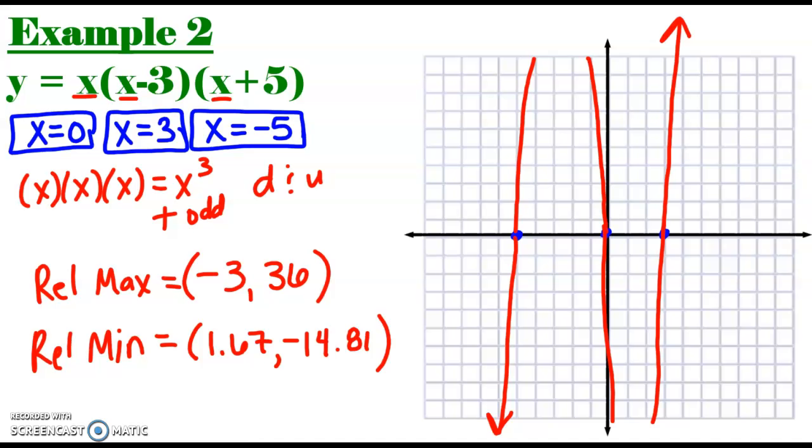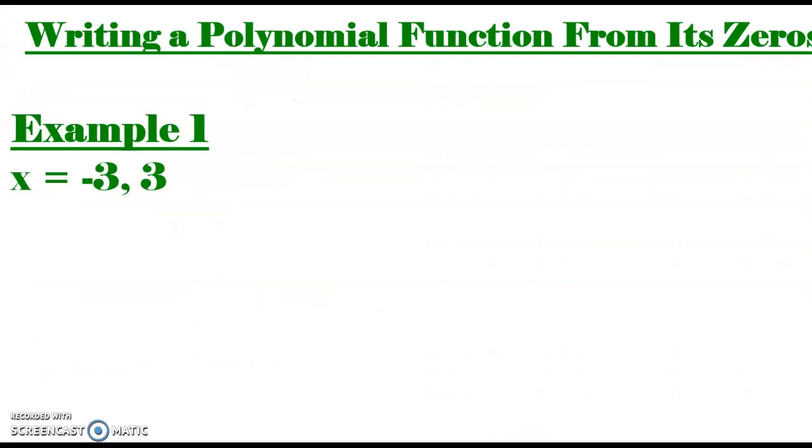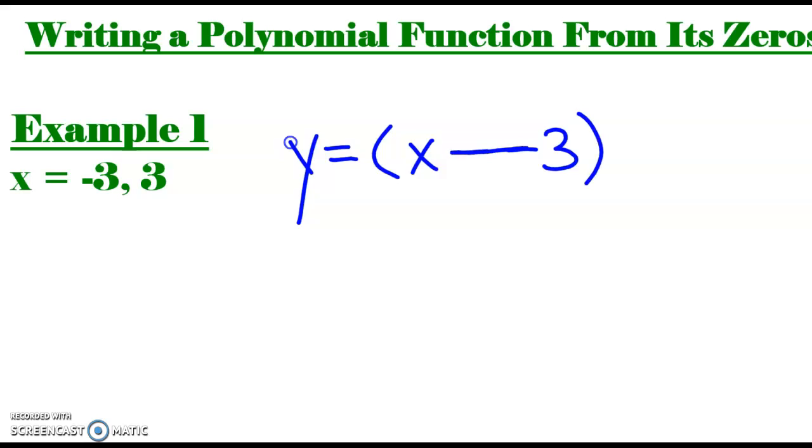All right, next thing we are going to do is write the equation, writing a polynomial function from its zeros. So if I know these are the zeros, where I cross the x-axis, I can work in reverse. I know that these zeros came from, if I had y equals x minus -3, that would have been x plus 3.